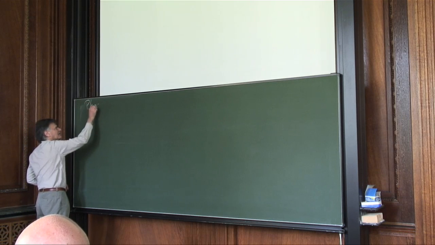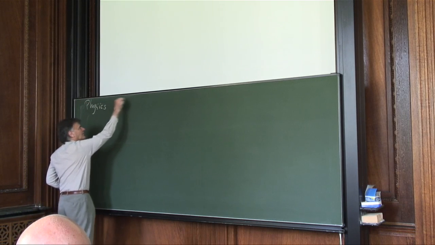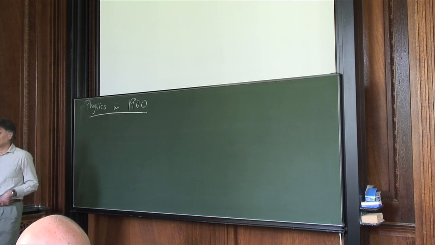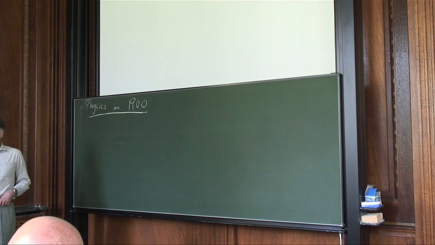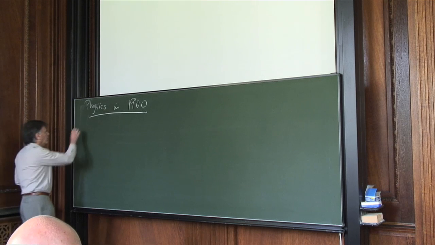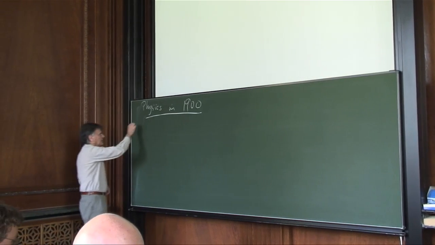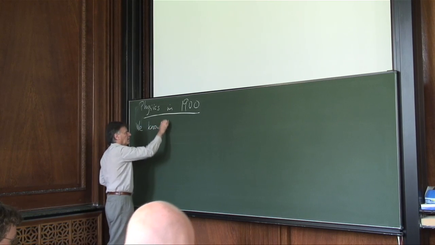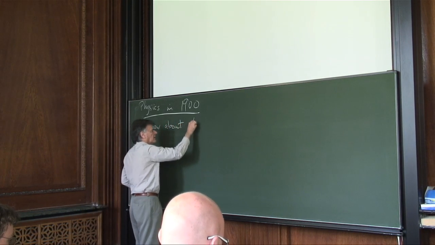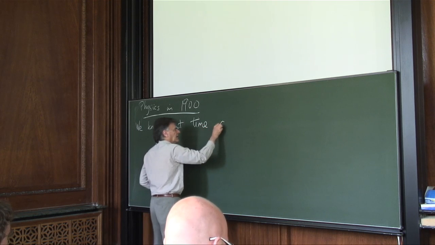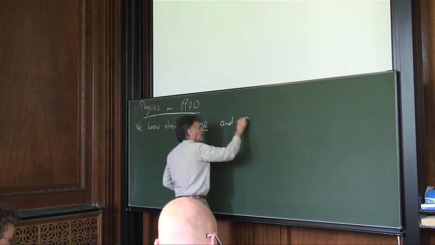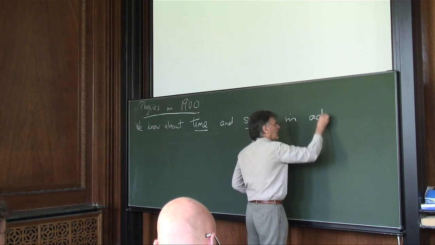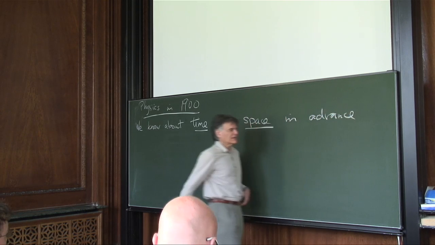So let's talk about physics in 1900. How did it describe the world? Well, the first thing it did was it assumed that we know about time and space in advance, before we start even talking about physics.